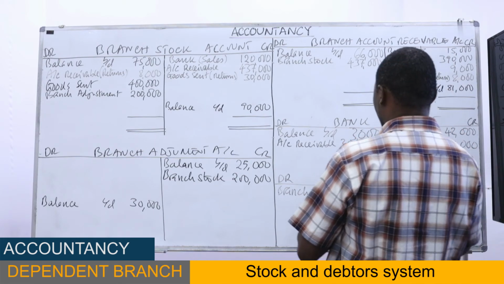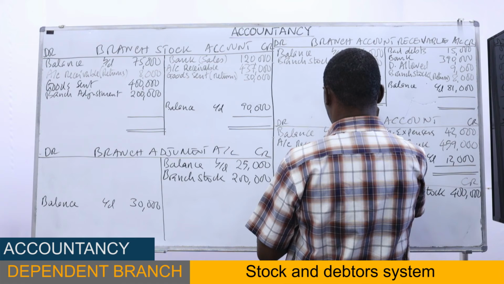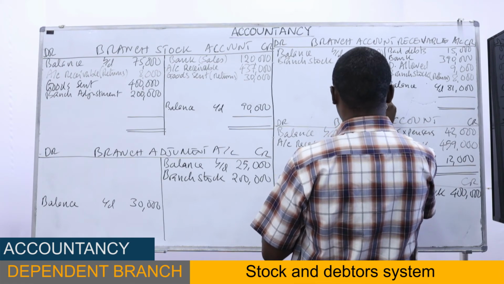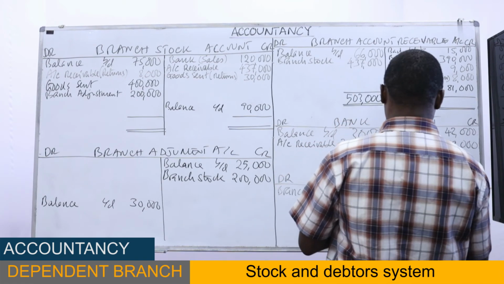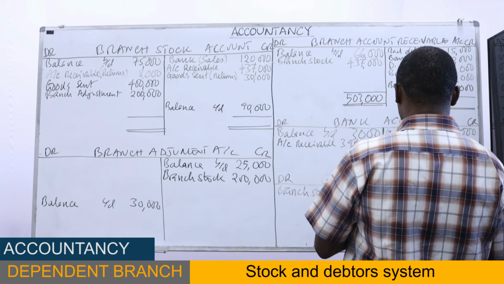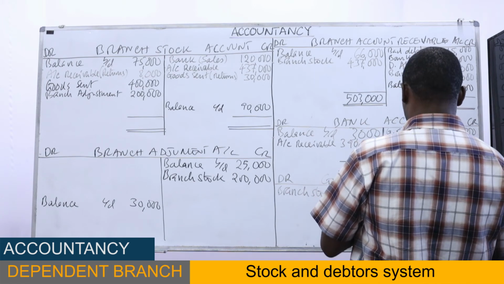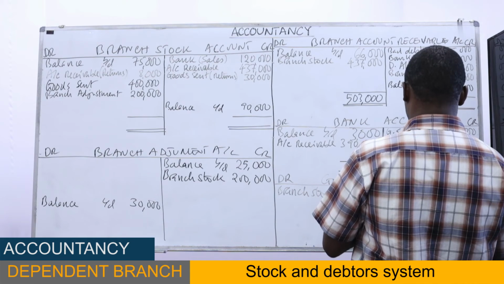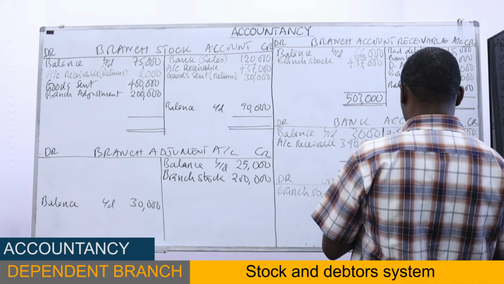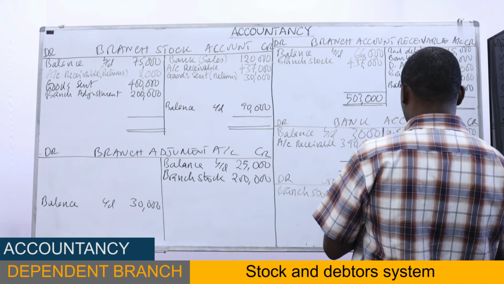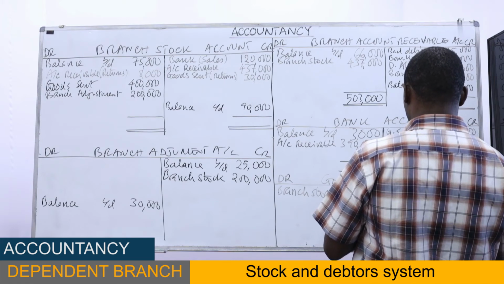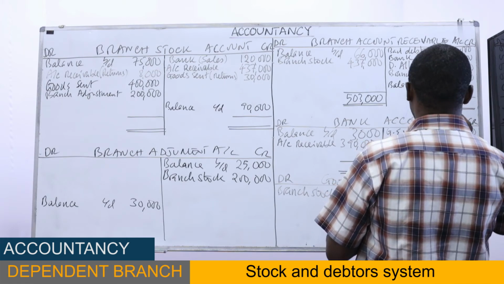How much do we get? We get 503,000. Here again we have 15,000 plus 390,000 plus 9,000 plus 8,000 plus 81,000. Yes, it is balancing.